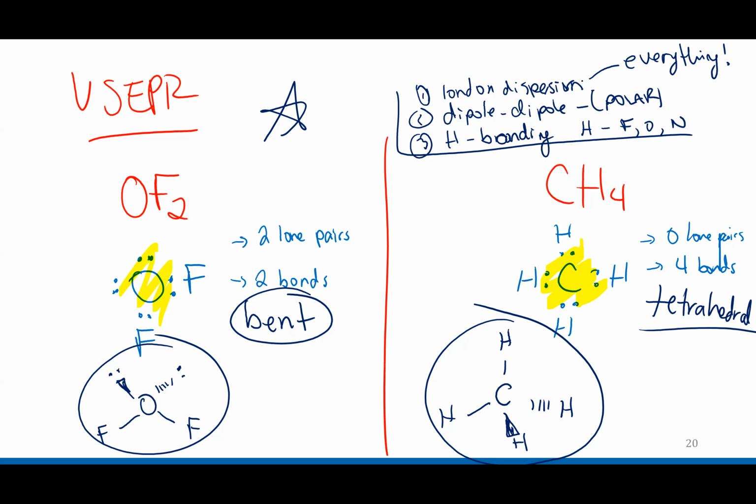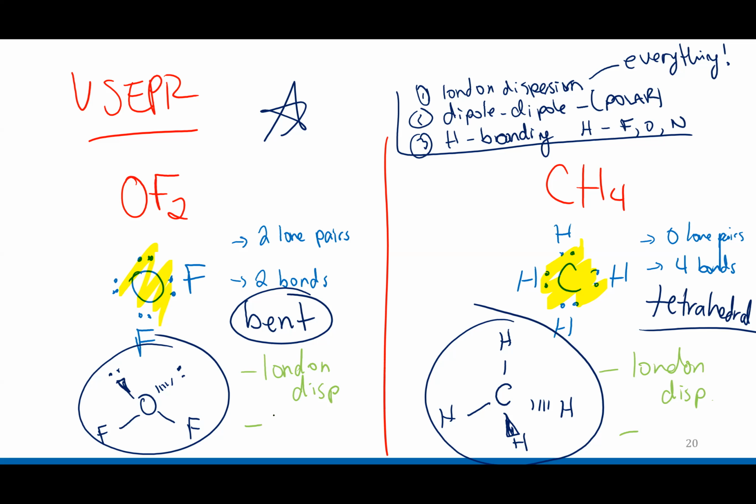Neither of these in this example has hydrogen bonding. No hydrogens here are bonded to F, O, or N. So these molecules definitely have London dispersion, but they do not have hydrogen bonding. None of them have hydrogen bonding.